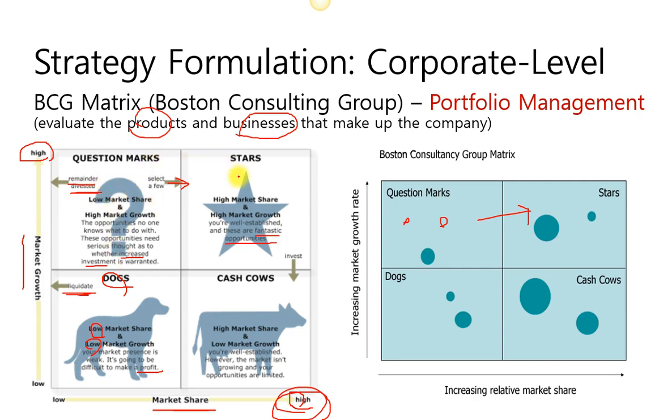So our whole aim, so usually what strategists say is that our whole aim is for all the companies or products to become what? Star, right? But because of PLC, not all markets grow all the time, right? So what scholars are saying is that you go through a pattern like this.